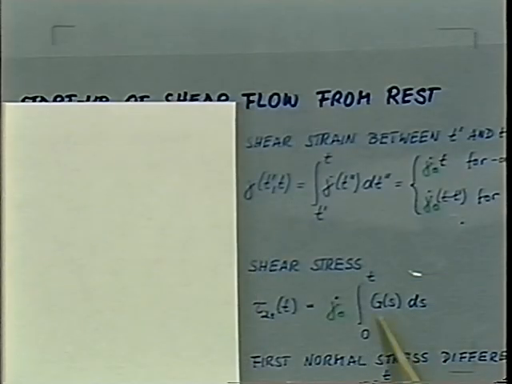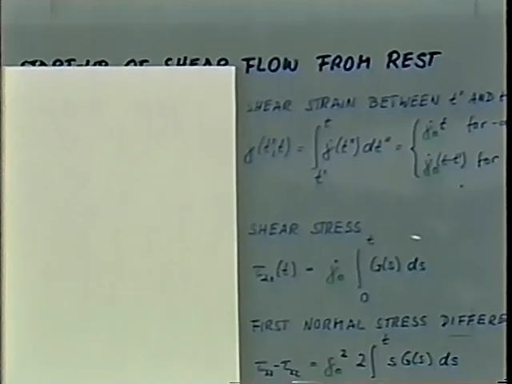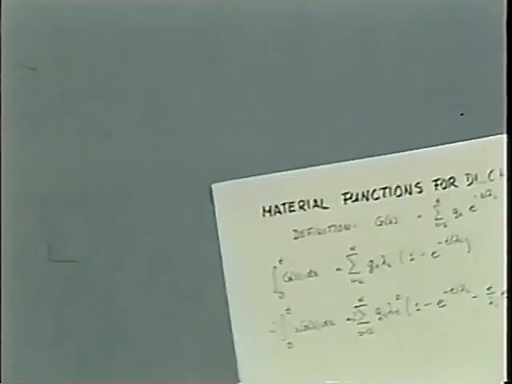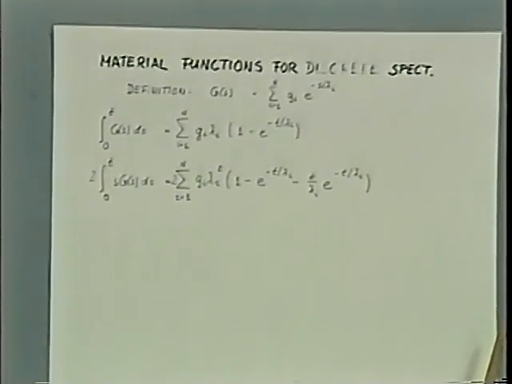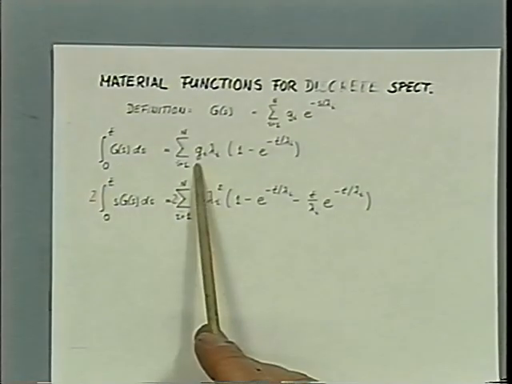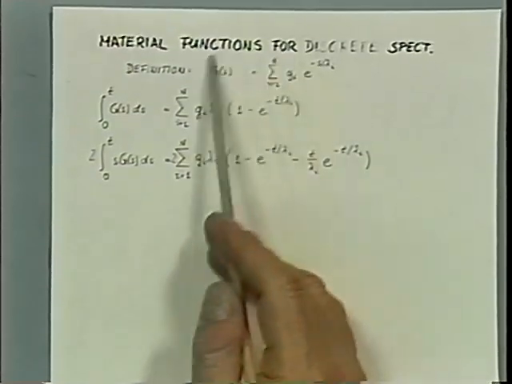And the material functions you will end up with, the material functions to describe the shear stress, are given by linear viscoelasticity, by the relaxation modulus, and s times the relaxation modulus integrated from 0 to t. Now, those integrals can be determined analytically if you describe the spectrum with a set of Maxwell modes.